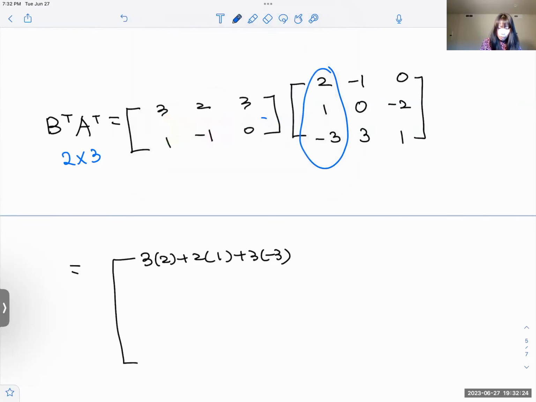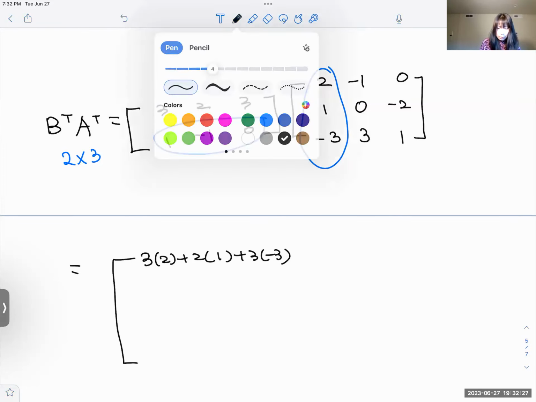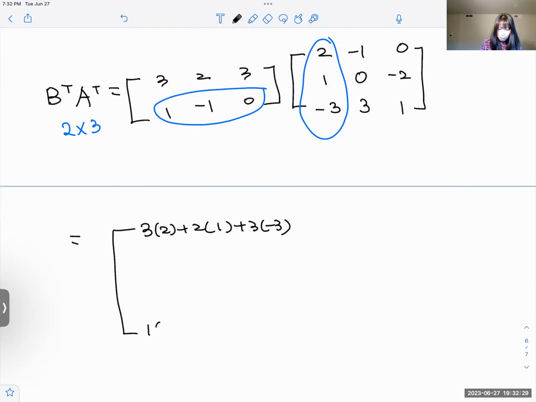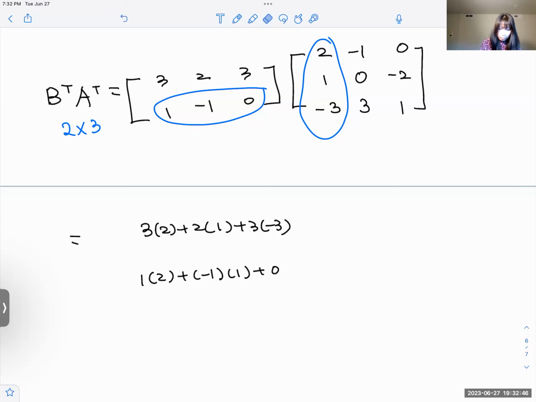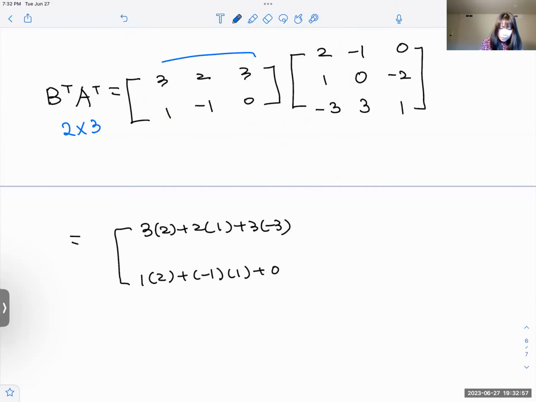Now, second one: 1 times 2 plus negative 1 times 1 plus 0, right? Okay, now first row and second column, same concept.